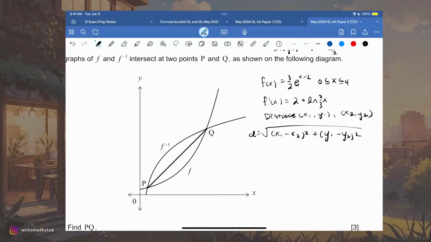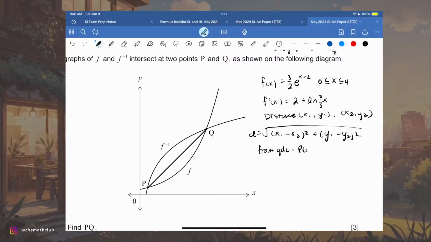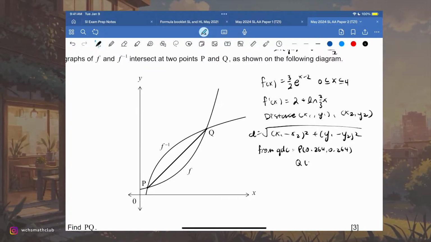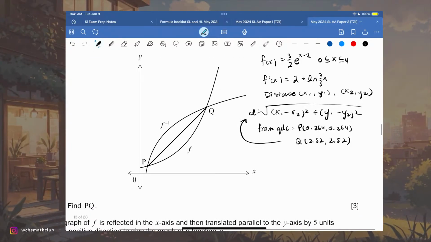And if you just use your graphing display calculator, you can find the points P and Q. So from your GDC, P should be (0.264, 0.264), and Q should be (2.52, 2.52).